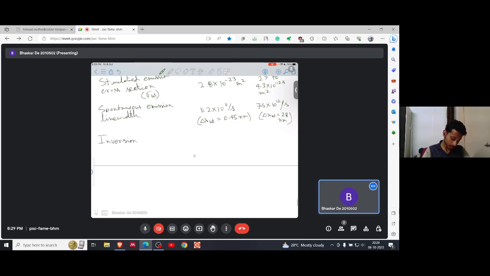Inversion density delta N UL is 1.6 into 10 to the power 23 meter cube, and here 8 into 10 to the power 23 meter cube.